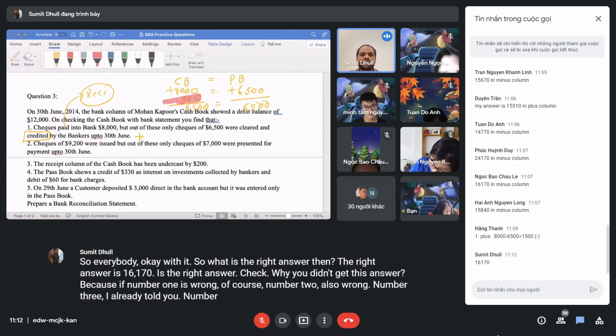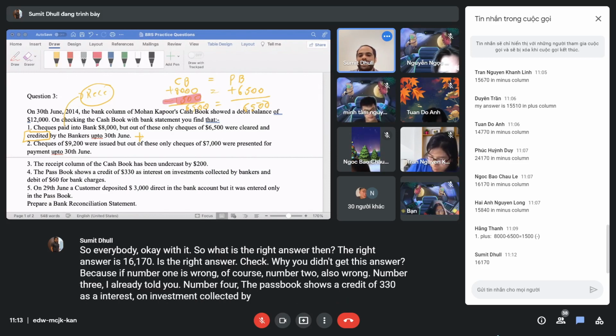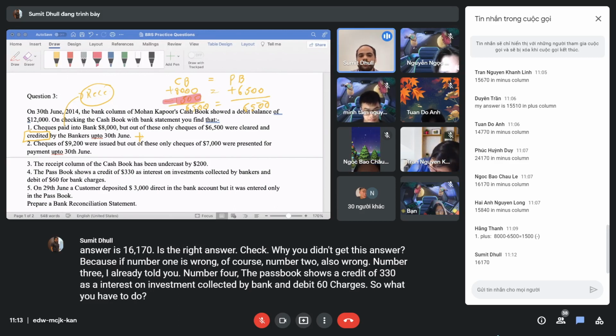Number four, the passbook shows a credit of 330 as an interest on investment collected by bank, and debit 60 charges. So what you have to do, you will plus 330 and minus 60, because 60 is your charges. Charges means expense.